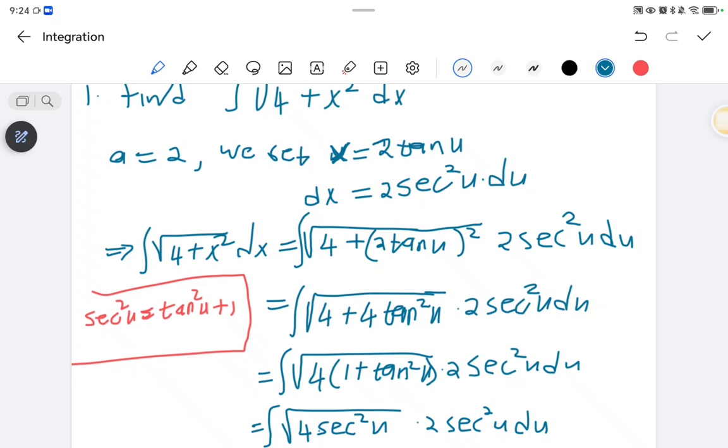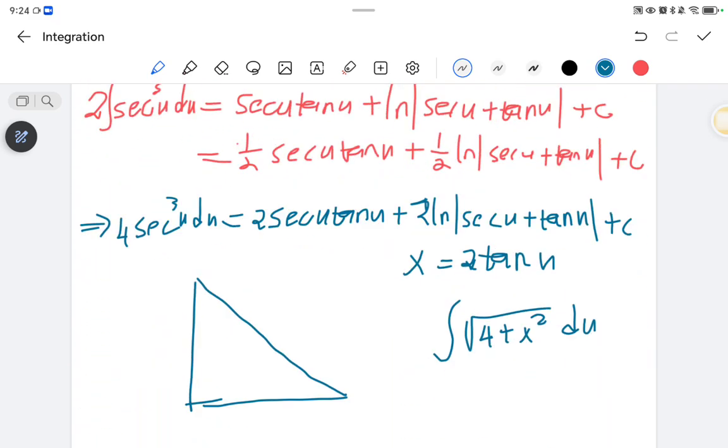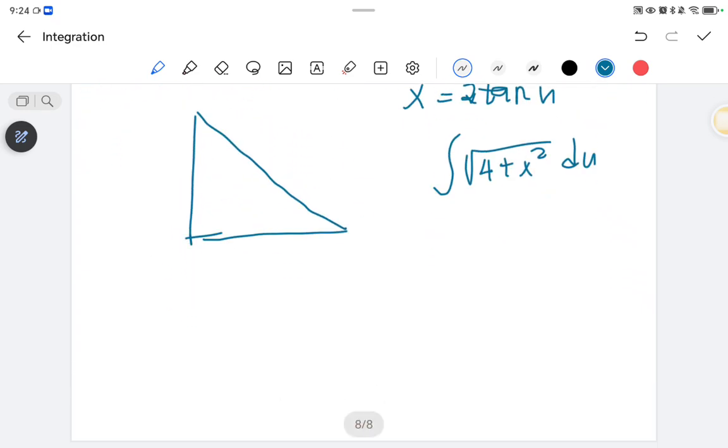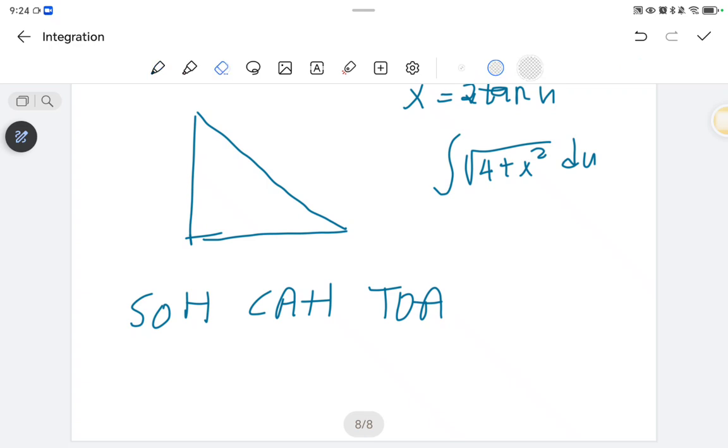So we are going to look for tan. What is the meaning of tan? You remember we had something like this from high school. Do you agree that we had something like this?